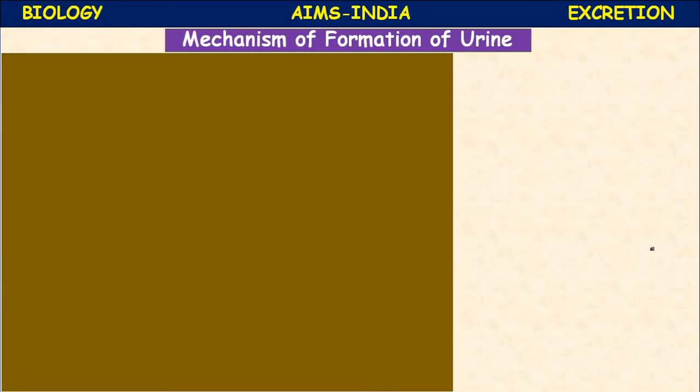So the next step in the formation of urine, the third step, tubular secretion. Before going to tubular secretion, let us try to answer a few more questions. First question, if you drink more water, will you pass more urine? The second question, what are the substances reabsorbed into the peritubular network from the proximal convoluted tubule?